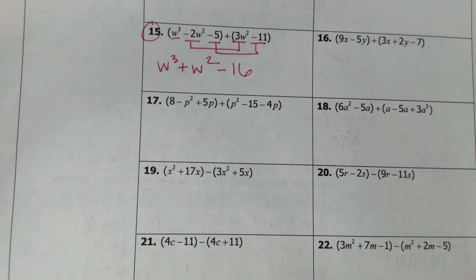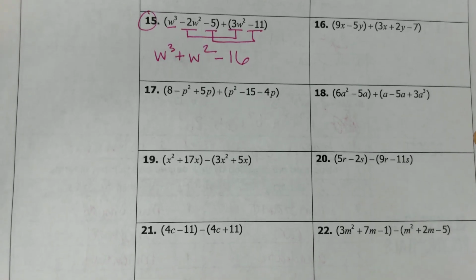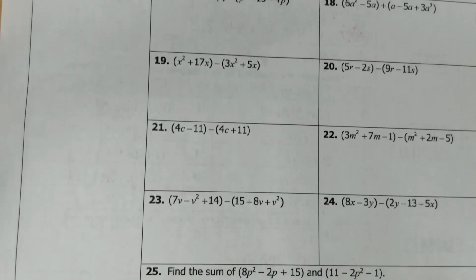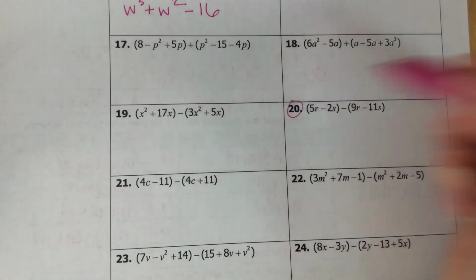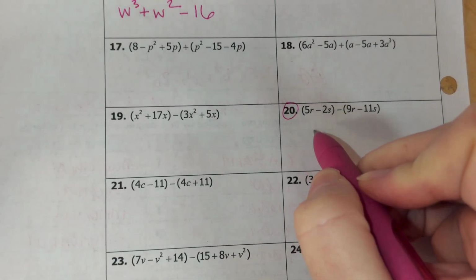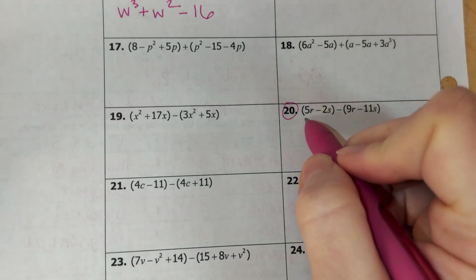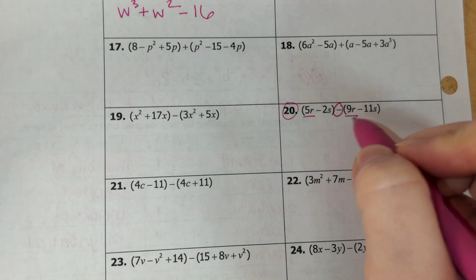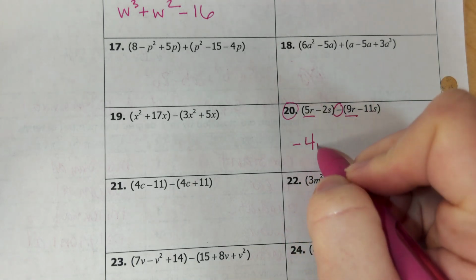Okay, let's look at another example. Let's do example number 20 because we have 2 different variables here. So first off, you notice that combining like terms, we have to have the same variable. So 5r and 9r. This time we're subtracting. So 5r minus 9r becomes negative 4r.